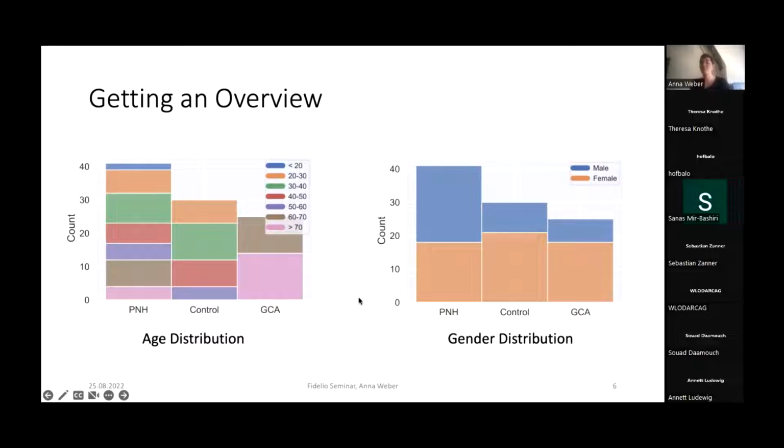So we see immediately that the age distribution really isn't the same. We're going to plot whether that has an influence on some of the factors in a moment, but it's important to know this and to keep in mind that it can confound our analysis. And also for the male to female ratio, GCA is a disease that occurs more frequently in females than in males. That means that the distribution isn't 50-50 in our data either.